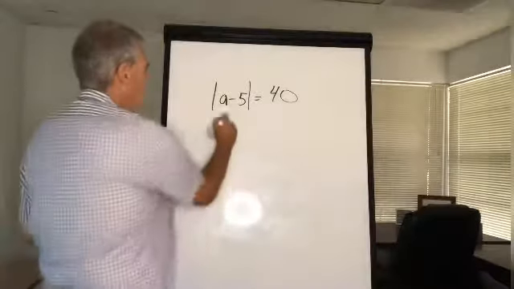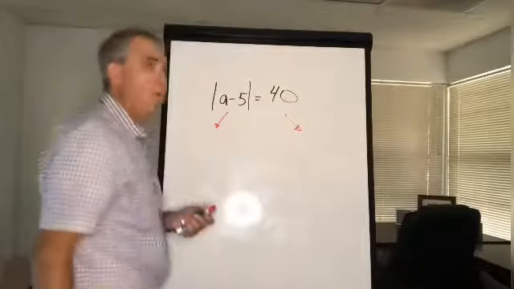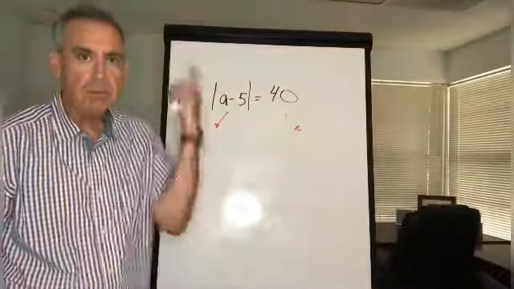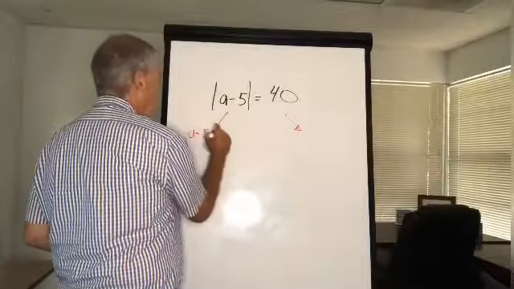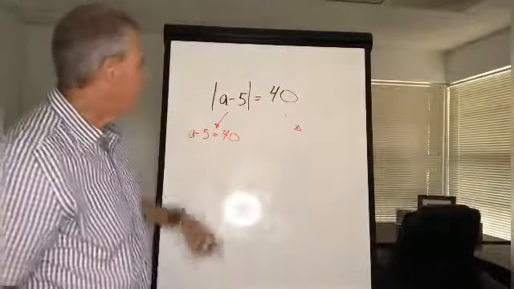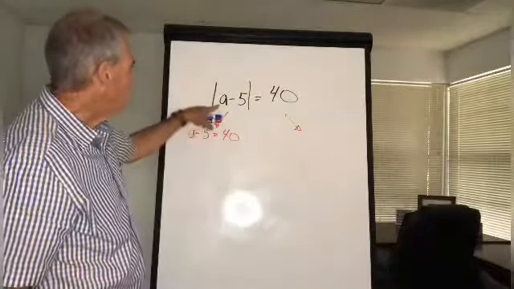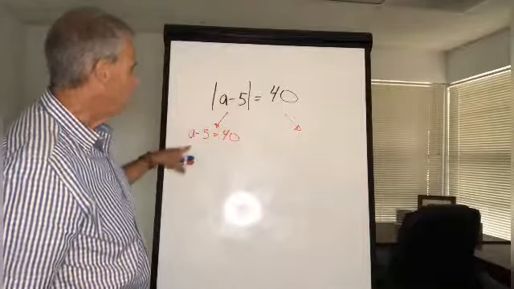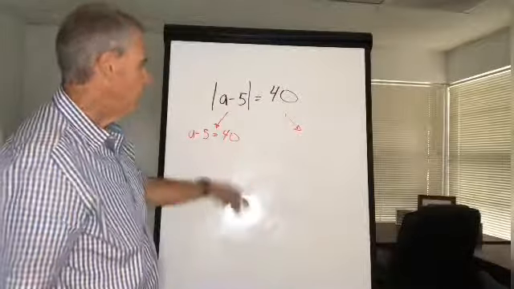I always do two arrows because I want to remember this is not one problem, it's two. The first problem is easy. We lay everything down exactly like we see it, except we leave off the absolute value. This says a minus 5 equals 40.